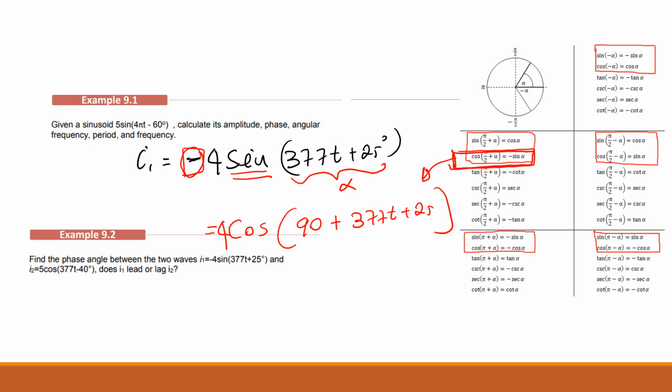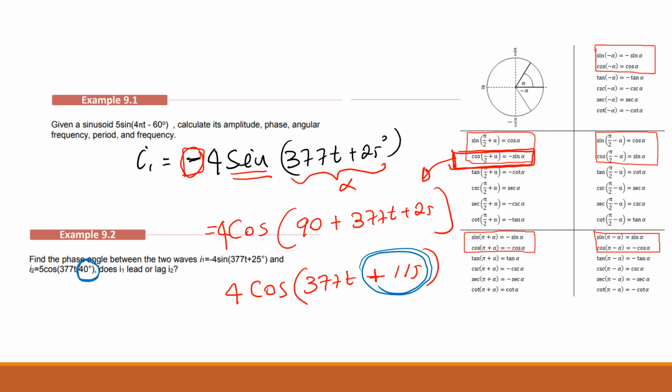So how can we sort it out? 4 cos 377t plus what? 115, isn't it? So this one has 115 positive and this one has 40 negative.